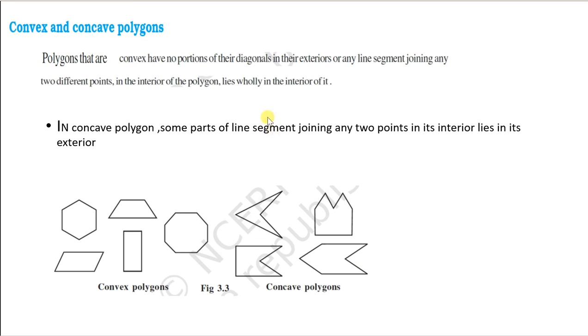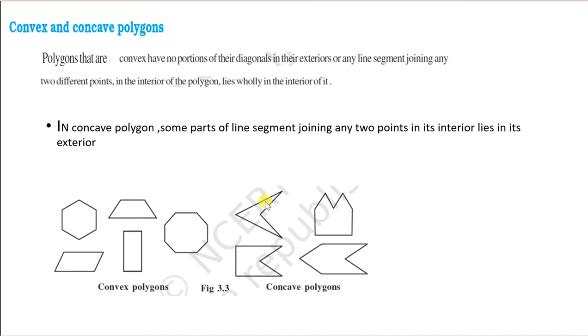If a polygon is not satisfying these conditions, then it is called a concave polygon, or we can say that if some part of the line segment joining any 2 points in its interior lies in its exterior, or some part of its diagonal lies in its exterior, then it is called a concave polygon.